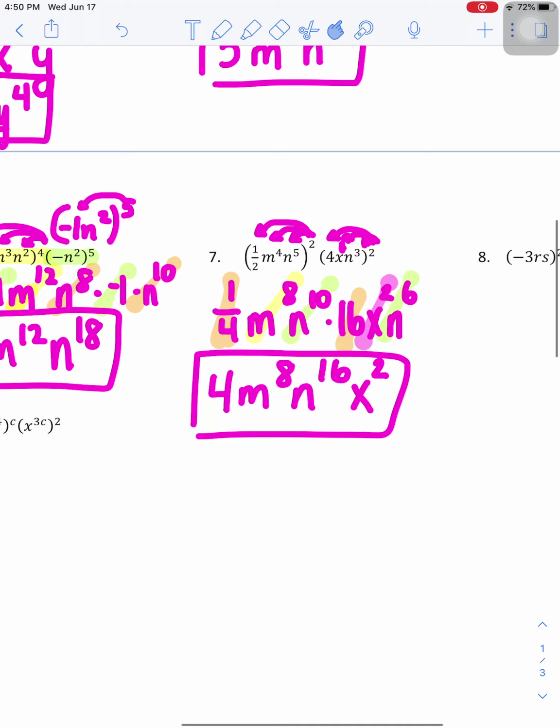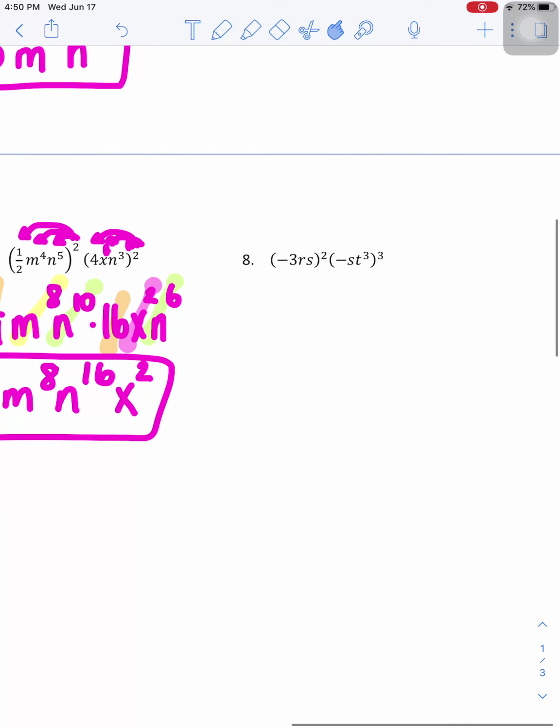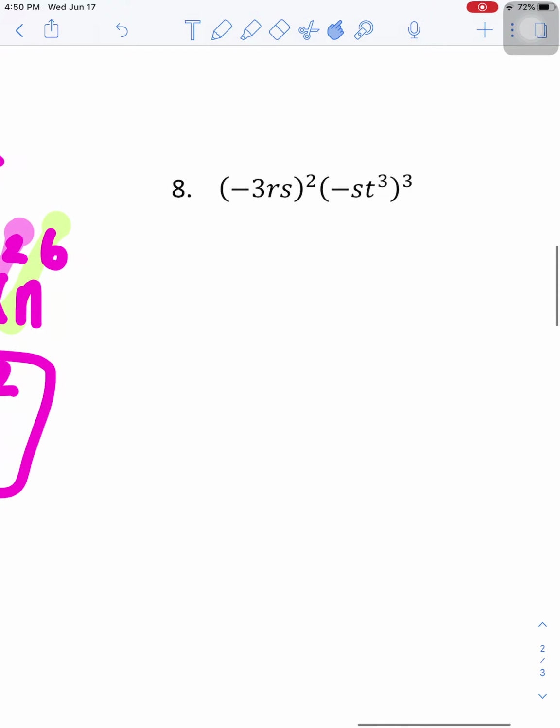All right, we're going to take a look at number 8. I'd like you to kind of try this one on your own. So you have the quantity of negative 3 rs raised to the 2nd times the quantity of negative st cubed raised to the 3rd.